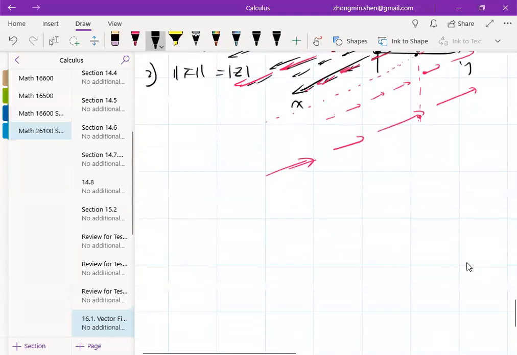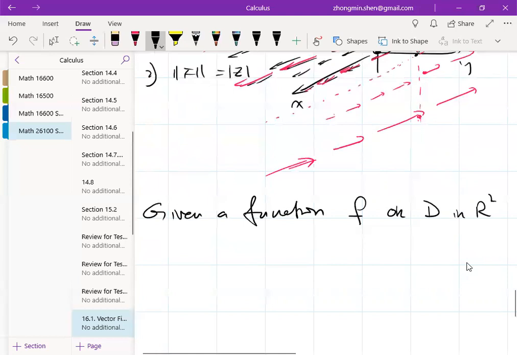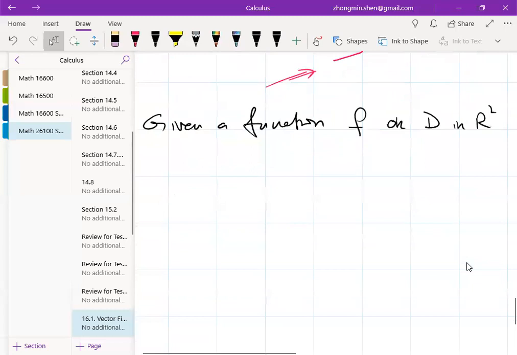Now, given a function f defined on a domain D in R2, okay? So f is a function of x and y, that's just a function, right?